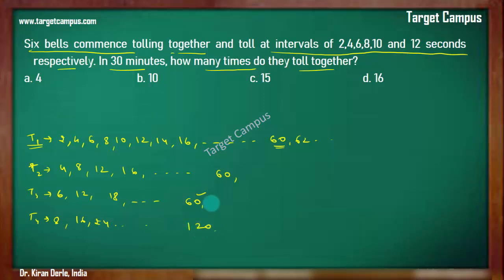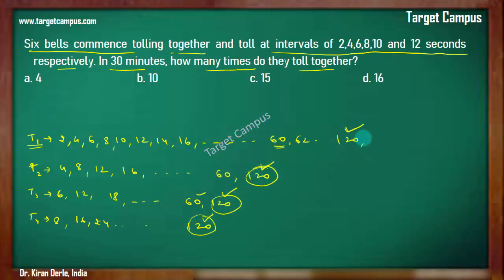After 120 seconds, they will all toll. Why am I writing this 120? Because exactly after 120 seconds, this bell will ring, this will also ring, and this will also ring. So this is the first time they are tolling together.